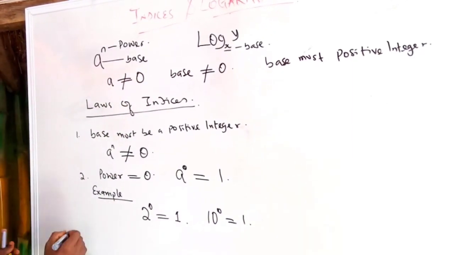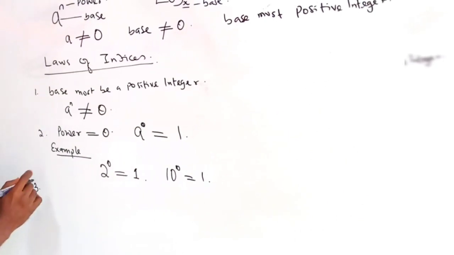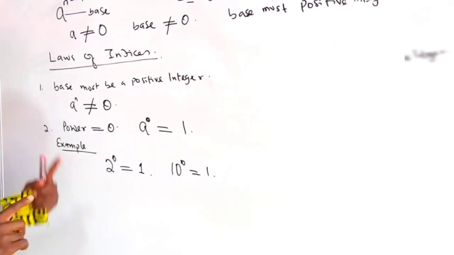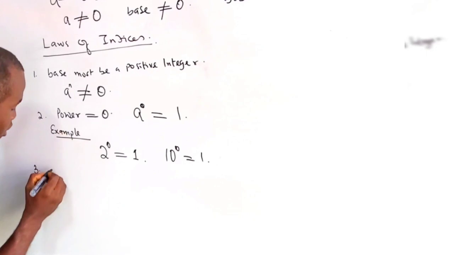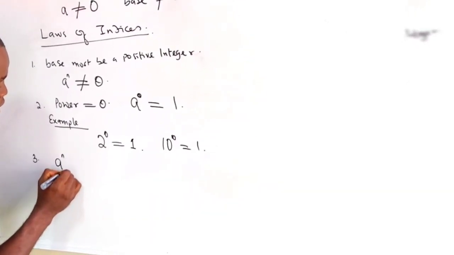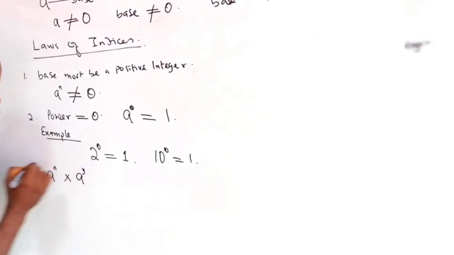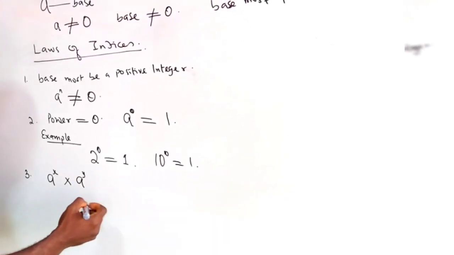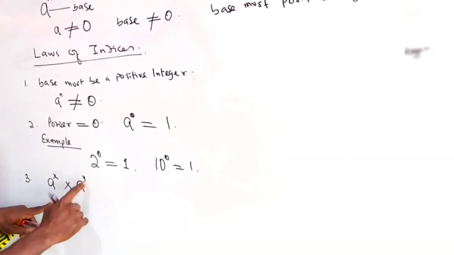Another rule says that if you have 2 indices of the same base but of different power, all you need to do is add up the power. So which means that if you have a raised to power x, let's make this x, multiplied by a raised to power y.